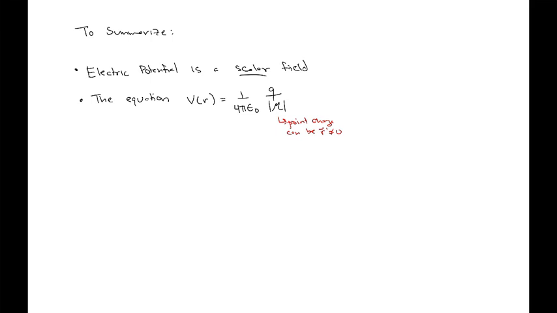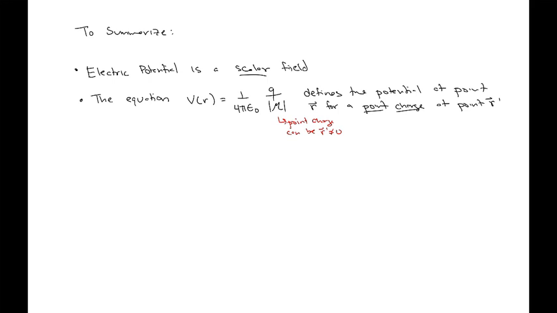But this equation, it's important to remember, defines the potential at point r for a point charge, not for any charge distribution, just for a point charge at point r prime.